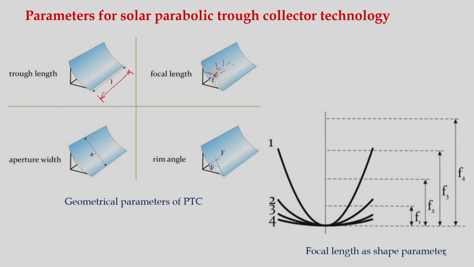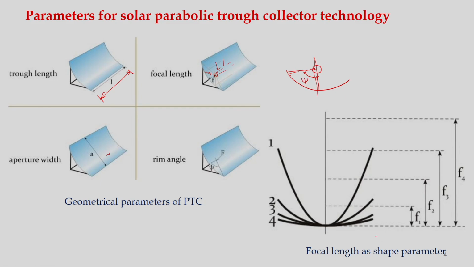And we have the aperture. This is the aperture width, sometimes represented as W. Okay. So, this is the aperture width, and then the rim angle. If we draw it something like this, and if we take the outermost part of the trough and this half of the trough, this is nothing but the rim angle. Sometimes it is represented as phi. Okay.